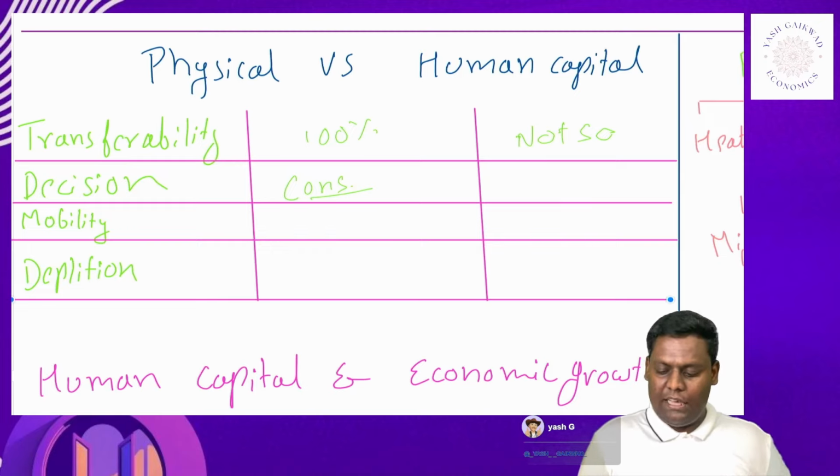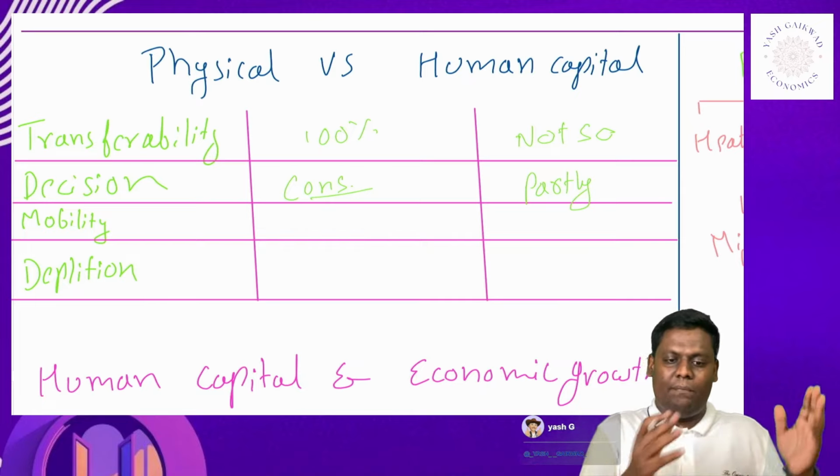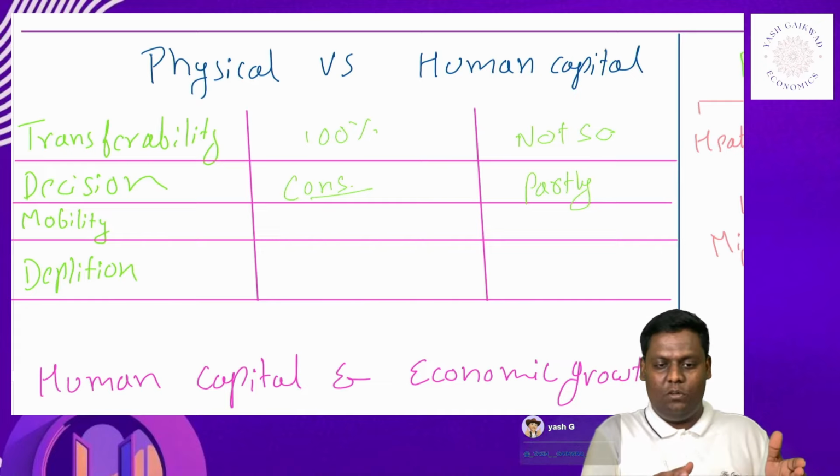Whereas human capital formation is only a partly conscious effort. For example, which educational institution I would complete my elementary education from, I had no role to play in it since I was a child, and my parents would decide which school I would go to.